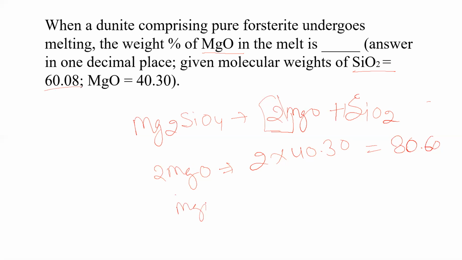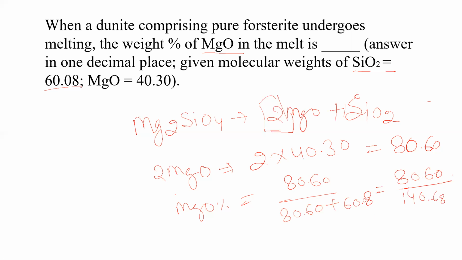So for MgO percentage, it will be 80.60 divided by the sum of wholes, that is 80.60 plus 60.08, which comes to 80.60 divided by 140.68, multiplied by 100. If you solve this, you'll get 57.29%.